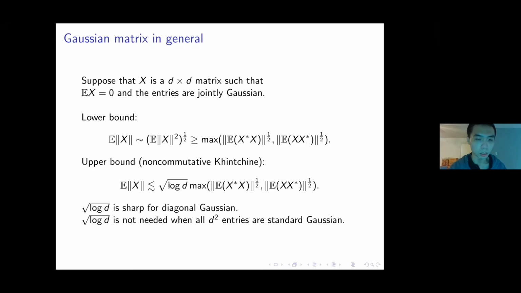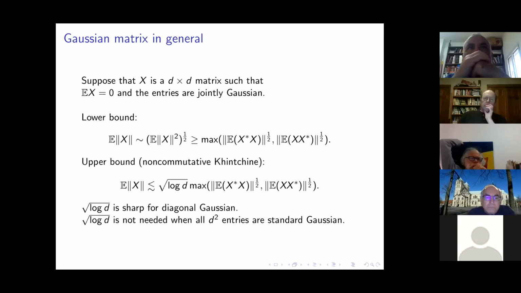First, we can use Khintchine or concentration to see that these two are of the same magnitude, and then this one is greater than this. The square of the spectral norm, you can write as the norm of X star X, or norm of X star, and then you just put the expectation inside, and you get this. So the lower estimate is easier.